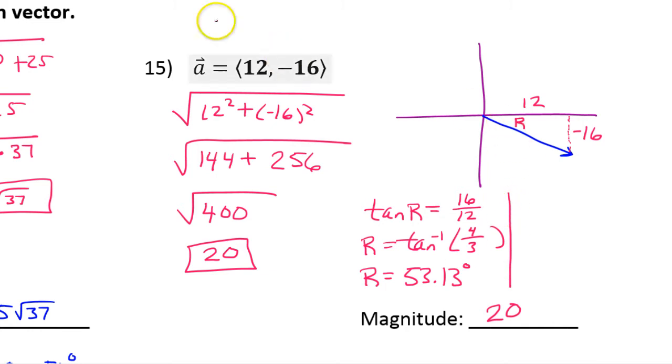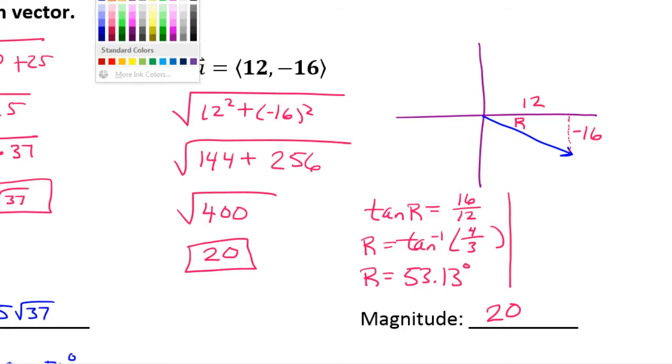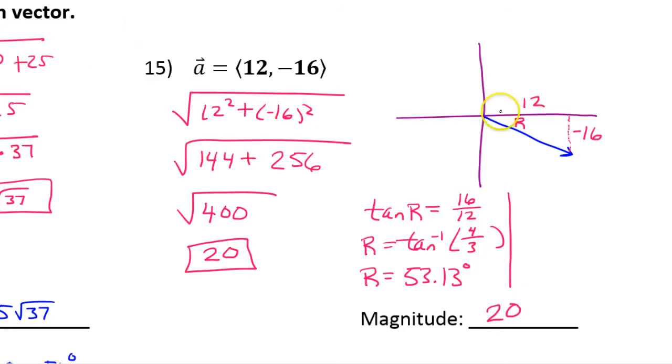Okay, now that reference angle is not the actual angle that I want. We want the direction to be measured from the positive x-axis counterclockwise all the way around to the vector. I will call that angle theta, and that's the actual direction. If I had gone all the way, I would have hit 360, so I stopped short.